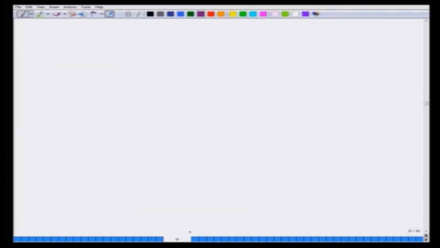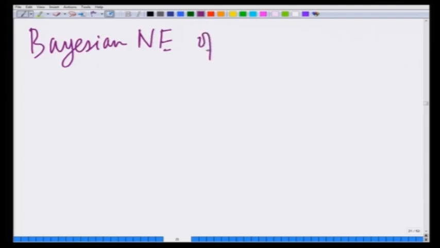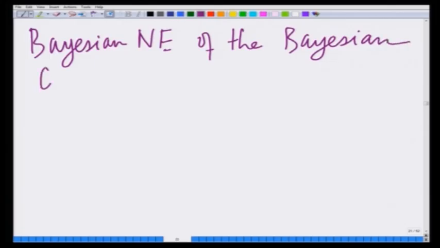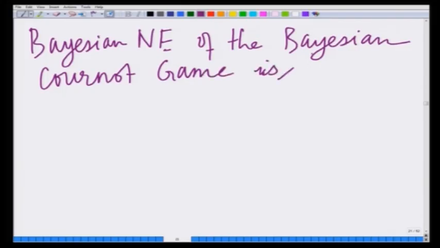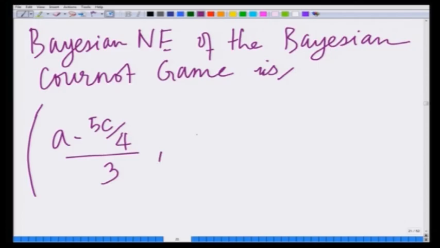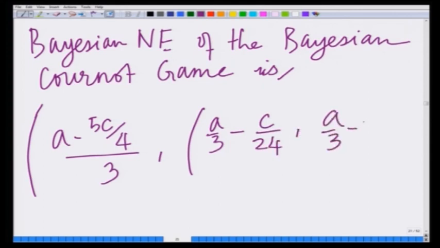So, we have derived the Bayesian Nash equilibrium of the Bayesian version of the Cournot game. It is Q1 star equals (A minus 5C by 4) divided by 3, Q2 L star equals A by 3 minus C by 24, and Q2 H star equals A by 3 minus 7C by 24.